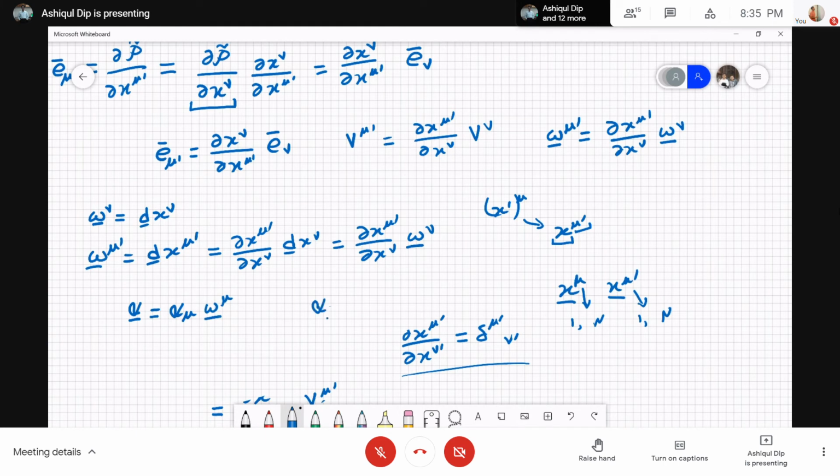If you have α_μ′, what should it be? Can you find that using a similar manner to what we did here?